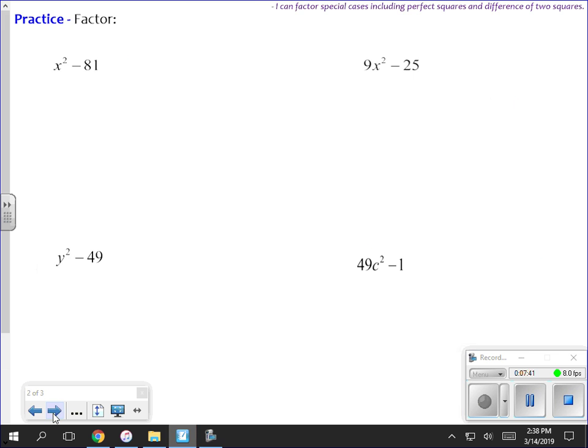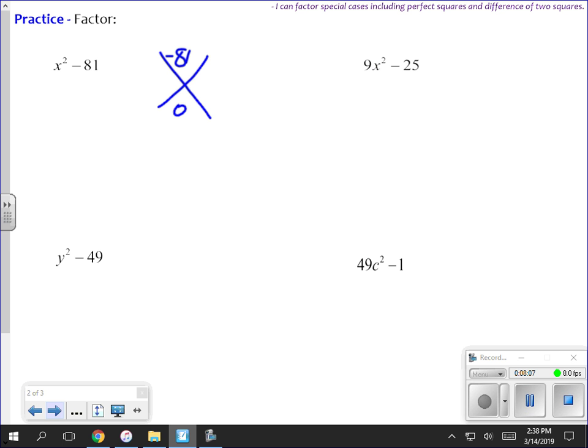These, on the other hand, setting them up in the Xbox thing really doesn't work well. For example, this one here, you would have negative 81 and 0 because you don't have an x term. So you want two numbers to multiply to negative 81 and add to give me 0. Not an easy thing to do.